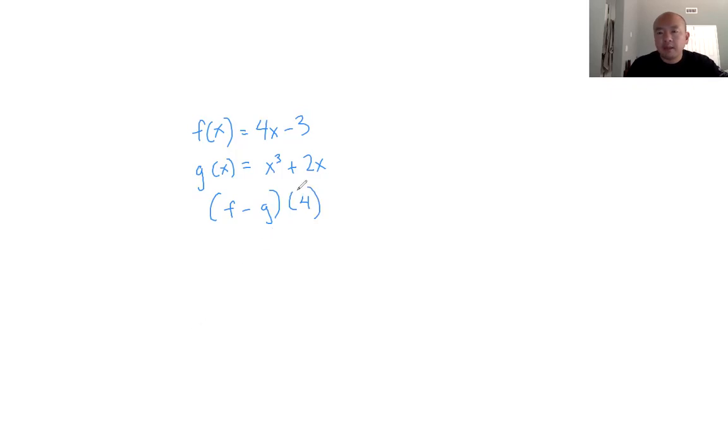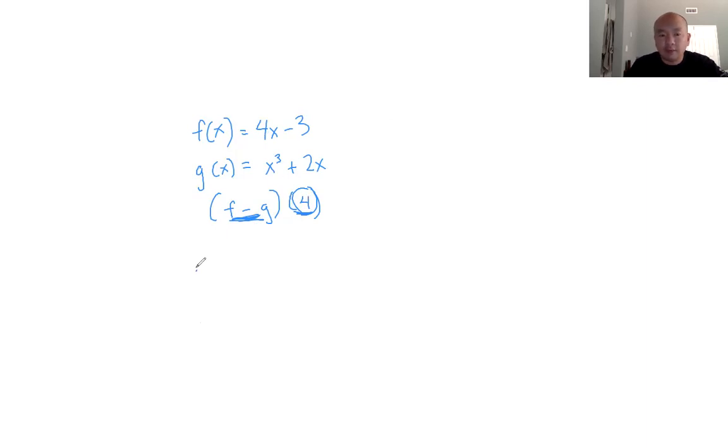Okay? Now with this 4 here, you are going to replace whatever's inside this parentheses, not this one. This just tells you the operation, what you're going to do at the end. What you're going to do with this parentheses is replace the variables in both functions with this 4.